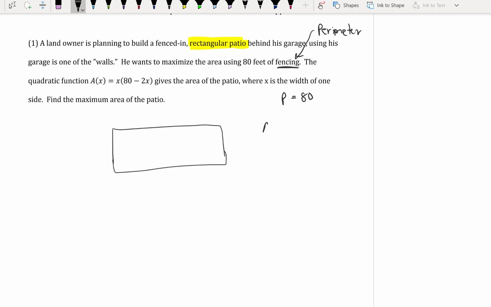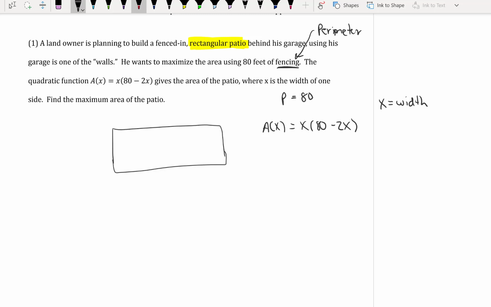I also have my area, A of x, is equal to x times 80 minus my 2x. And that gives the area of the patio, where x is the width of one side. So x is equal to my width. The reason I give you that perimeter is because you want to be figuring out what this does.